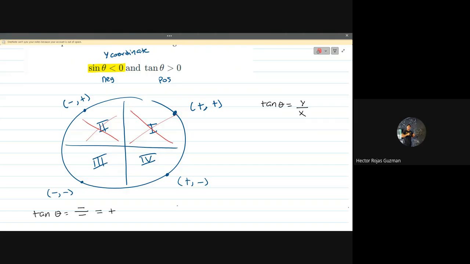In the fourth quadrant, tangent of theta is y over x. The y value is negative. The x value is positive. A negative divided by a positive is a negative. What are we looking for? We're looking for a positive value. So the answer here is quadrant 3.